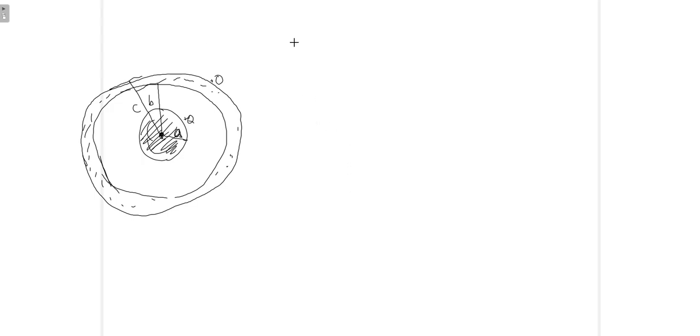So this uses Gauss's law. Gauss's law states that the electric flux is equal to the charge enclosed over the permittivity of free space, epsilon 0.